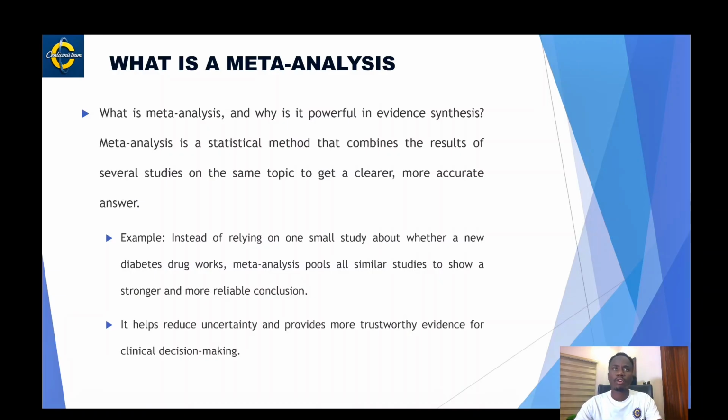Where meta-analysis comes in is that, instead of summarizing with one estimate, we pool our findings from several prevalence studies to get a pooled estimate where we can say, okay, this is our meta-analysis based on many studies. That's a very simple way to explain it, but in the long run, when we start to practice, you're going to understand better what we're trying to do. So it helps in reducing uncertainty and provides more trustworthy evidence for clinical decision making.